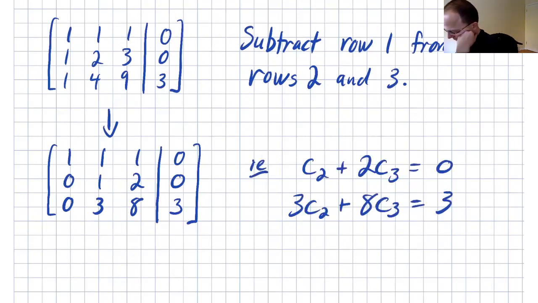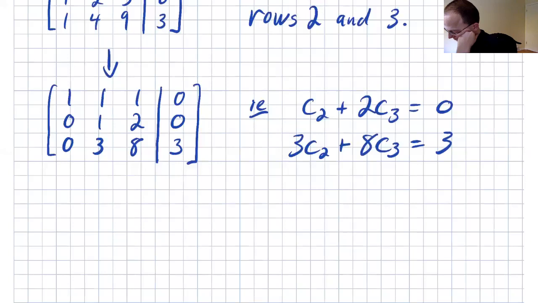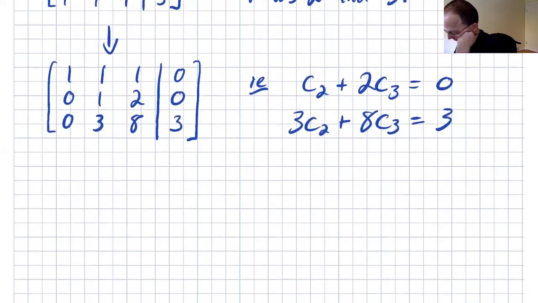Okay, now we want to do the same thing to get rid of the C2 from this equation. So I want this to go away. I want that to be a 0. That's like taking this equation here, multiplying it by -3, and then adding it to this equation. So let's do that. Or maybe I'll say it in a different way.